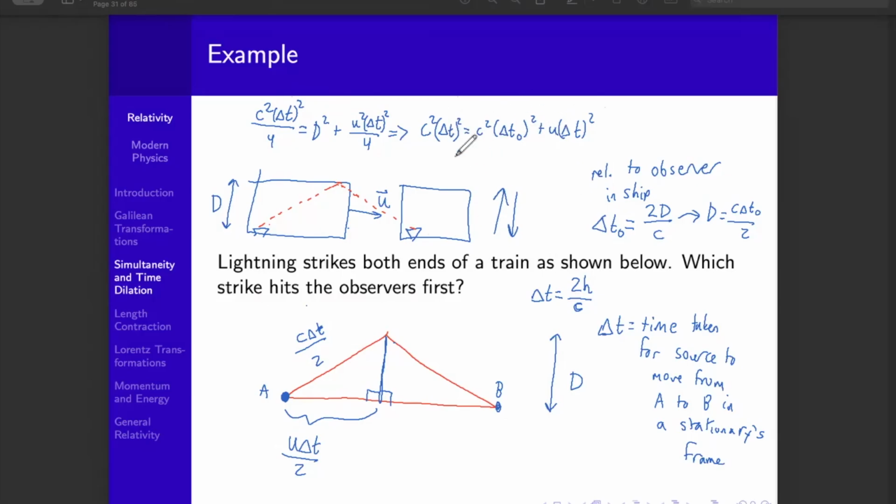Well, now we can actually do so. We can solve for one or we can solve for the other. Typically, time dilation is written with the solution of delta t equals stuff, so we're going to do the same thing here. So you get, sorry, this should be a u squared. So you get c squared minus u squared delta t squared is c squared delta t 0 squared.